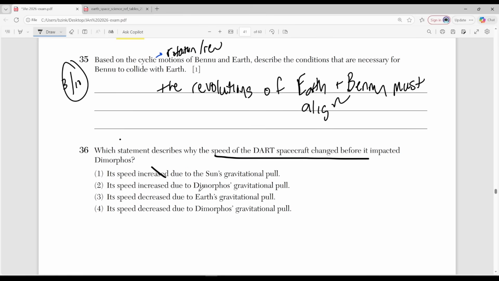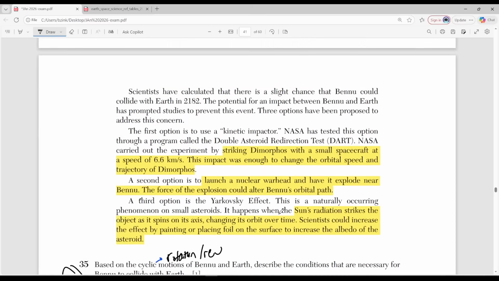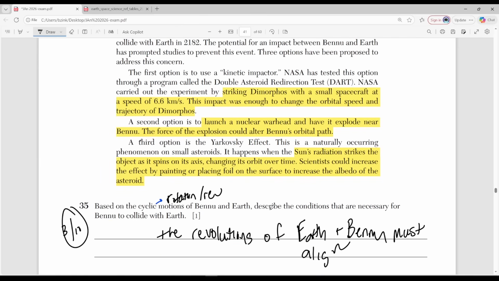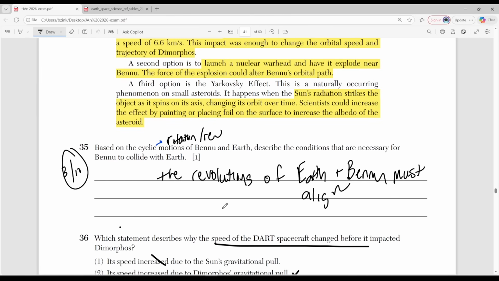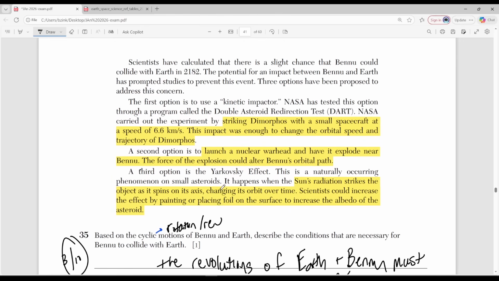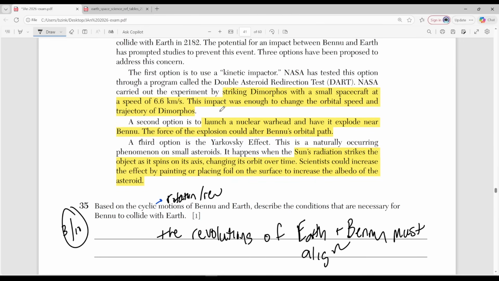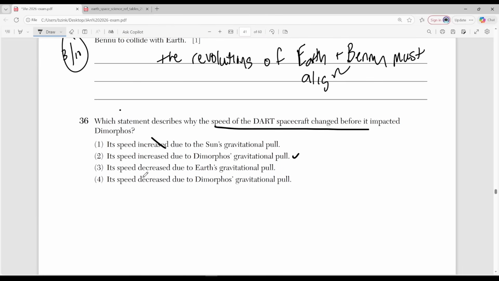Its speed increases due to Dimorphos's gravitational pull. That's possible, because as it approaches the asteroid, that would change it. The speed decreased due to Earth's gravitational pull. The problem is, how am I supposed to know if it increased or decreased? And then the speed decreased due to Dimorphos's gravitational pull.